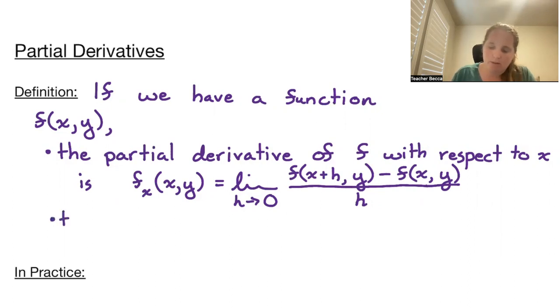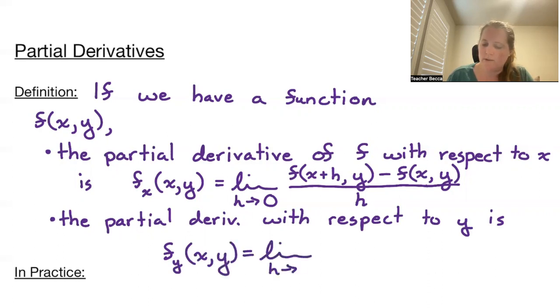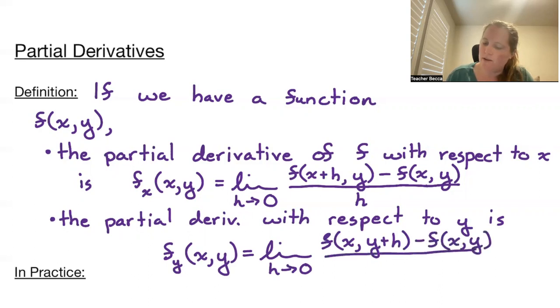The partial derivative with respect to y is defined similarly. The partial derivative with respect to y, we often denote it f with a subscript of y of x, y, is equal to the limit as h goes to 0 of f of x comma y plus h minus f of x comma y all over h.